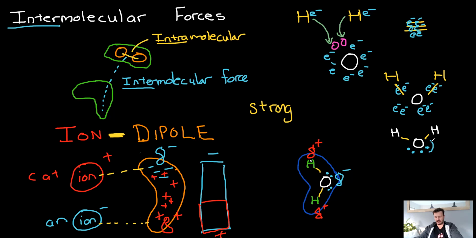And so the lone pairs push the other electrons upwards. And so water is always drawn as a bent molecule. Sorry, I said hydrogen, not water is bent.